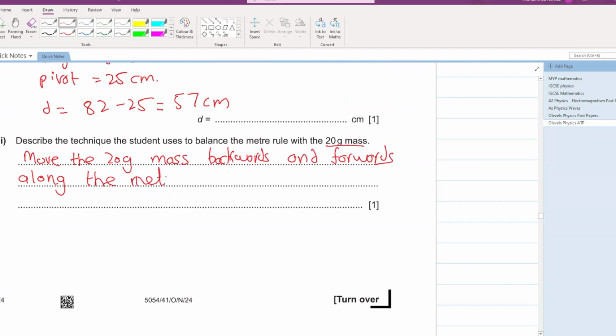You can also write slowly here. Move the 20 gram mass backwards and forwards slowly along the meter rule until the meter rule is balanced. Simple as that, nothing complicated.